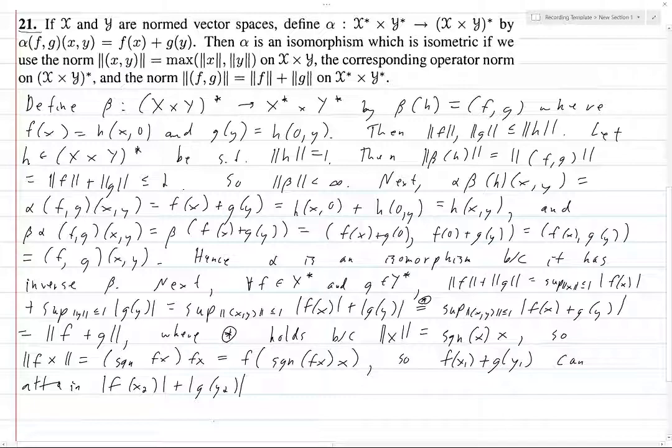So that should work. Am I completely convinced of that? Yeah, because the sign of x is just something of norm 1.